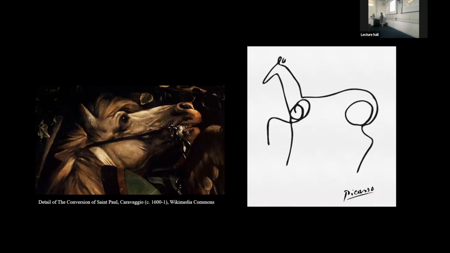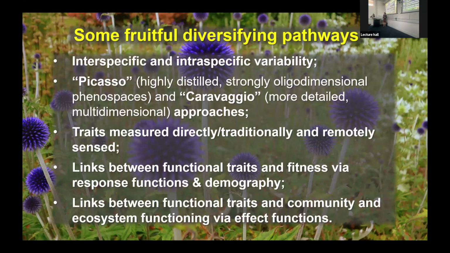Okay. So far, I tried to show some of the diverging paths that have developed over the history of the plant functional trait research program, or just the functional trait research program: interspecific or intraspecific variability, Picasso or Caravaggio approaches. And there are three venues of research that I didn't have the time to develop, but I think they are very important and thriving.